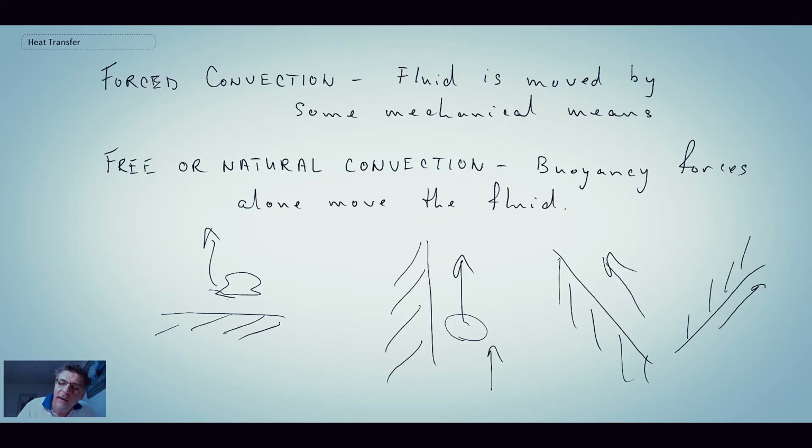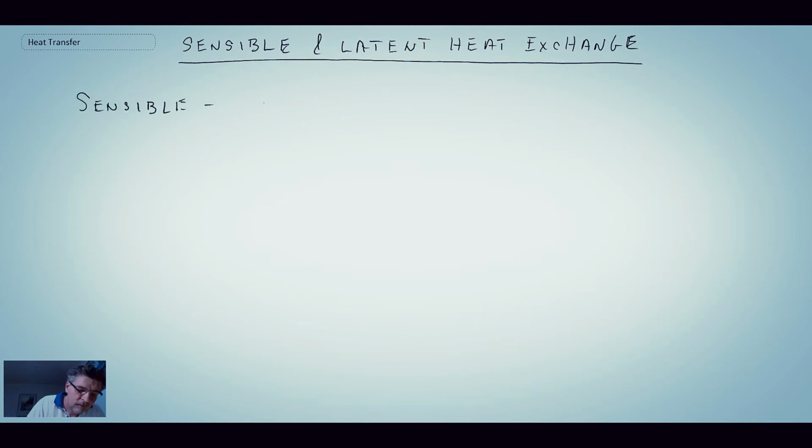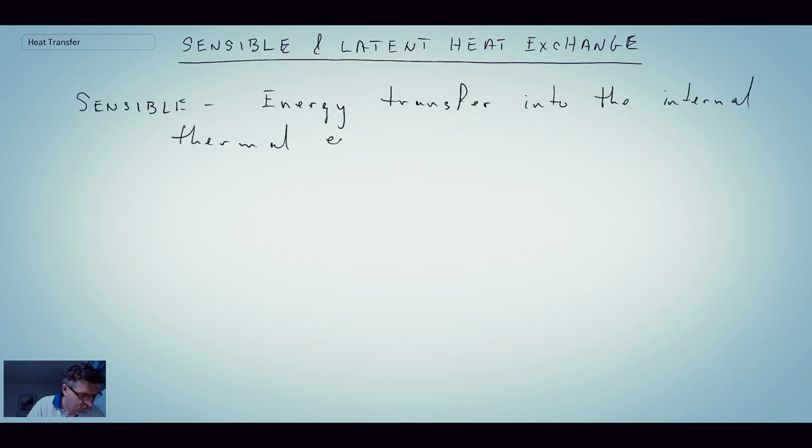Now, one of the things when we're doing convective heat transfer, another thing that we're going to be looking at is the nature in which the energy going into the fluid is being stored. And that brings up the idea of sensible and latent heat exchange. So in the case of sensible heat exchange, these are words that we've seen most likely in thermodynamics.